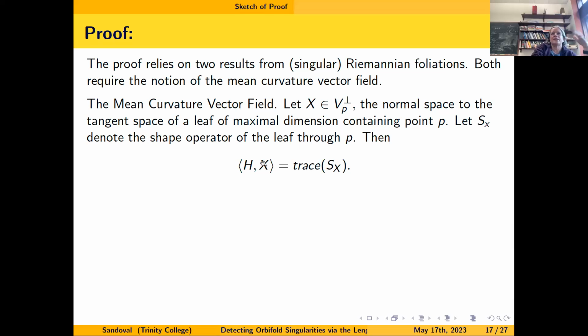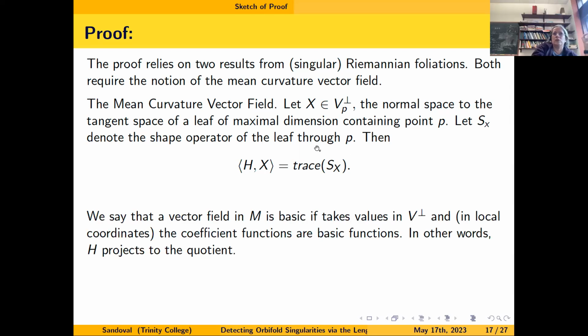And we get this operator, this mean curvature vector field H, which is defined such that we get the trace of the shape operator. Okay. We say that a vector field H is basic if it takes values in the normal space to the tangent space of the leaves, and the coefficients are basic functions. So when this happens, the mean curvature vector field H projects to the quotient in a well-defined way. Okay.